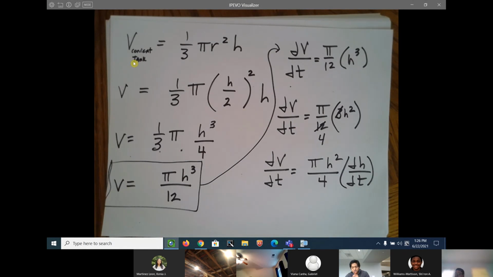Somebody tell me what we have from the beginning of the question. dV/dt is 2 feet cubed per second from the beginning of the problem right here.